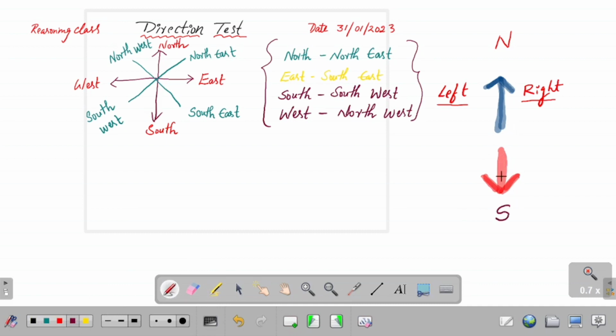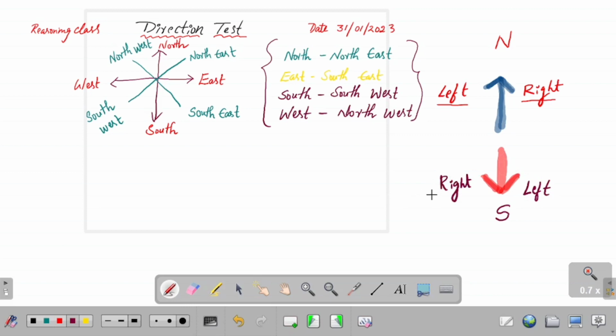Now this is not my right, this is my left. You should face this side, you are facing towards the south. So this is your left. Imagine that you are facing towards the south side; then this is your left and this becomes your right. Just imagine, then you will get this answer.